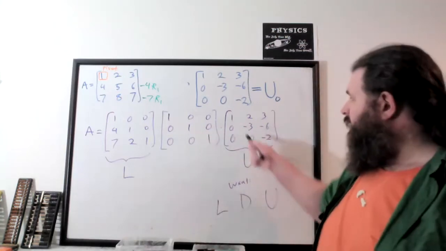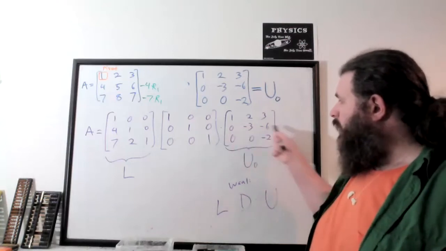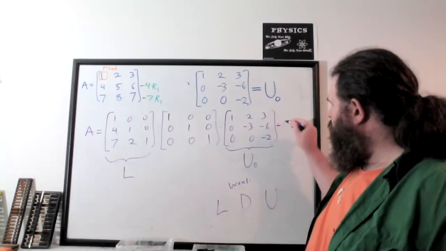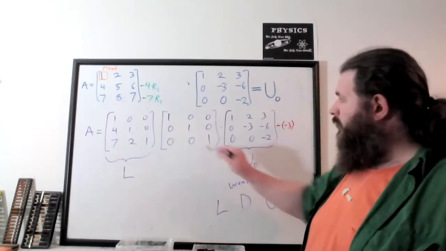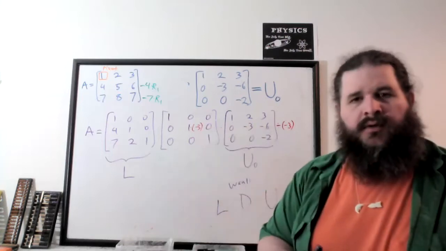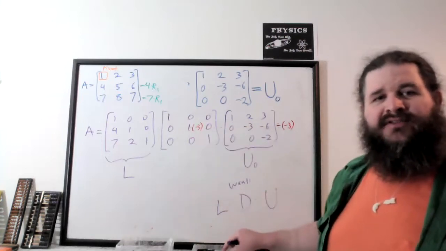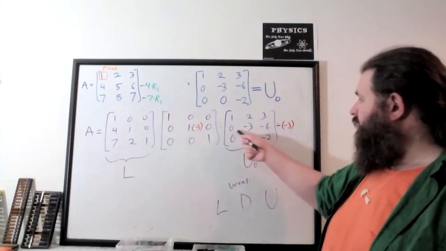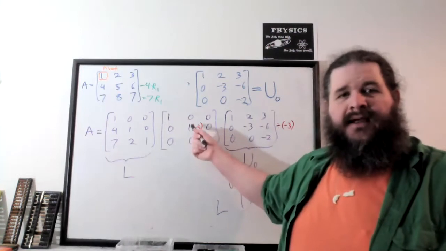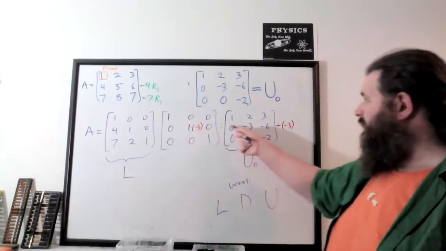So what we can do is we can divide the entire middle row by -3, as long as we also multiply this by -3. We're essentially doing 2 operations that cancel each other out anyway. Dividing this entire row by -3 and also multiplying this 1 by -3, because this 1 is closely linked to the entire middle row.